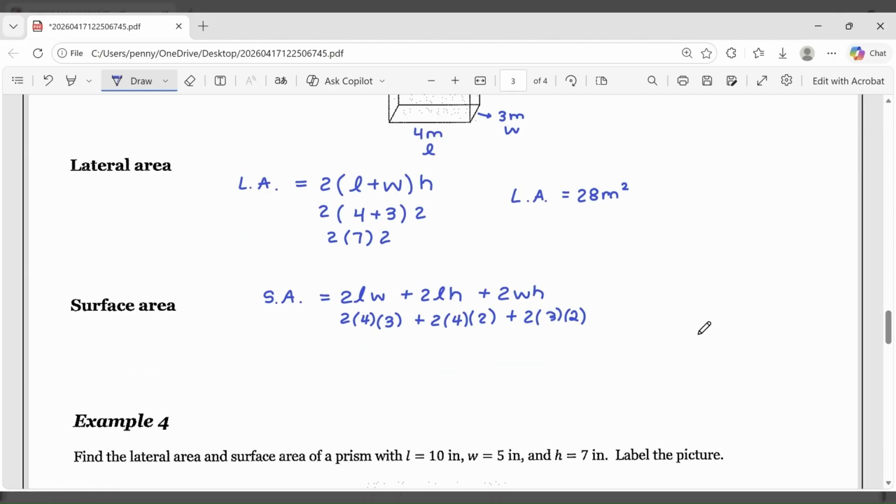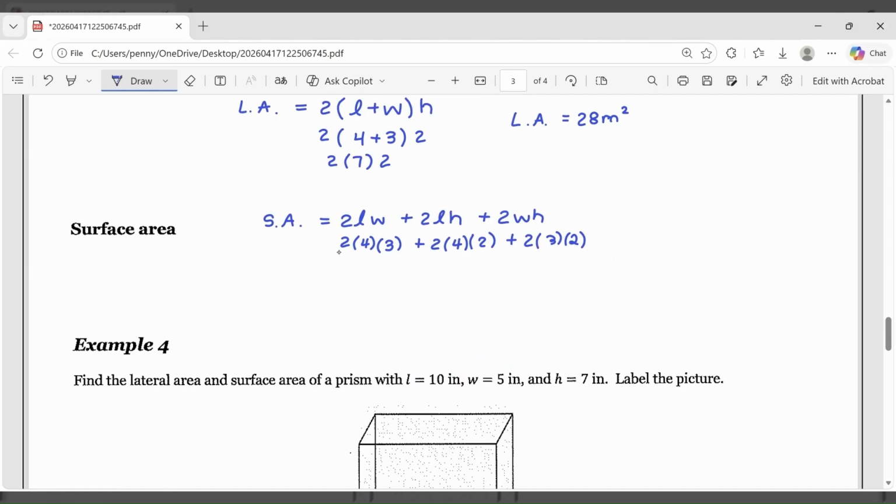And now let's just simplify that down. 2 times 4 is 8, times 3 is 24. 2 times 4, 8 times 2 is 16. And then 2 times 3, 6 times 2 is 12. And then we just add those three numbers together. And this time we're going to get 52, and that's meters squared.